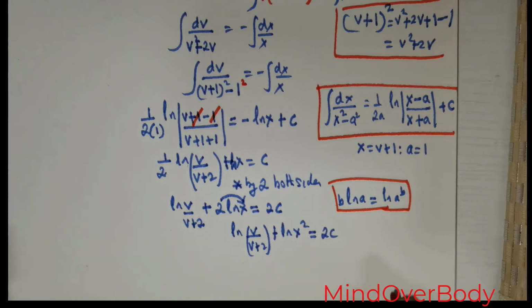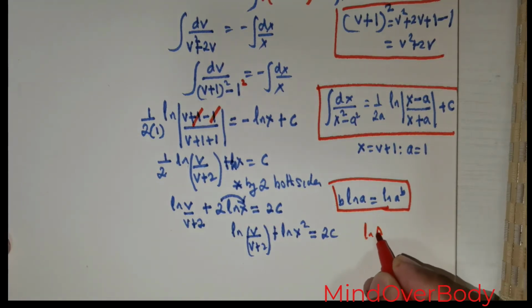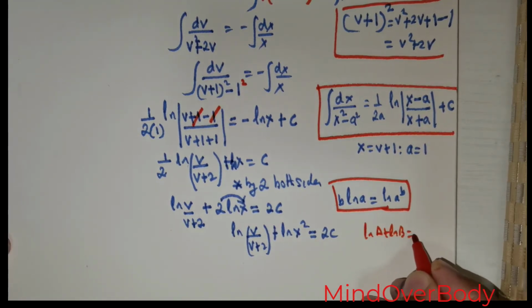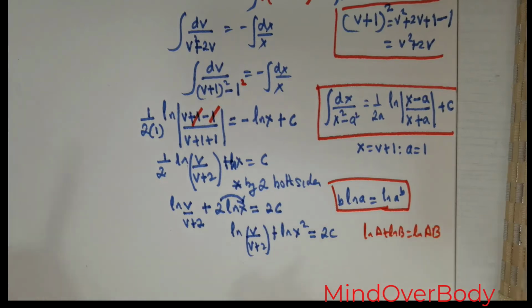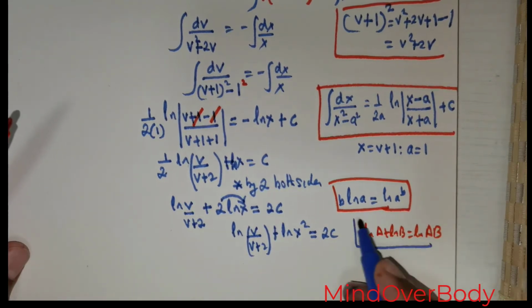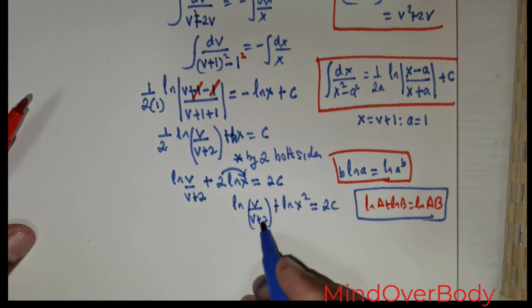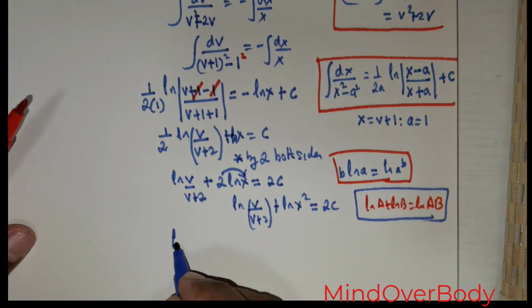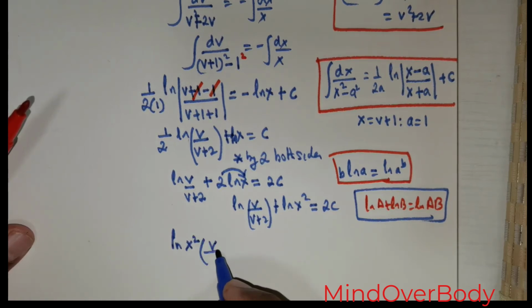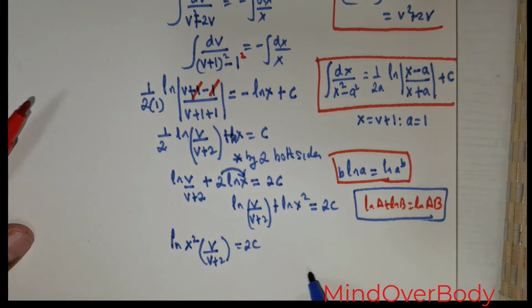Now there is another formula which is ln of a positive ln of b is equal to ln of ab. So by this formula, I can rewrite this as ln of x squared times b over v positive 2 is equal to 2 times c.